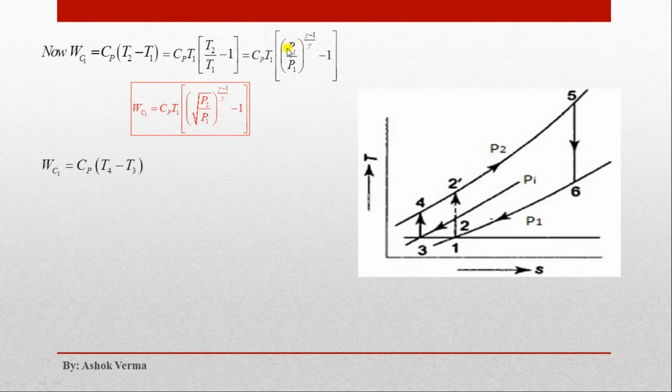So by putting Pi equal to square root of P1 into P2, you will get WC1 equal to Cp into T1 into (square root of P2 by P1 to the power gamma minus 1 by gamma, minus 1). So this will be the work input for compressor 1 when we are using perfect intercooling.